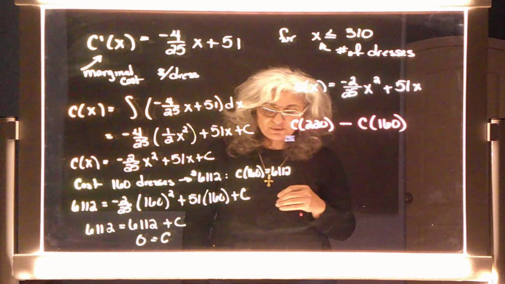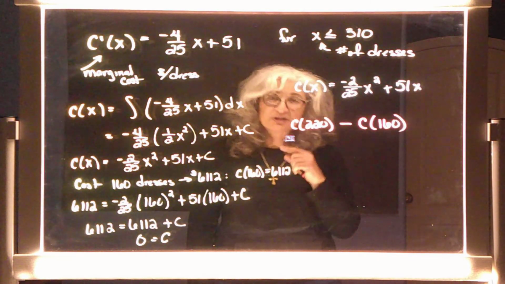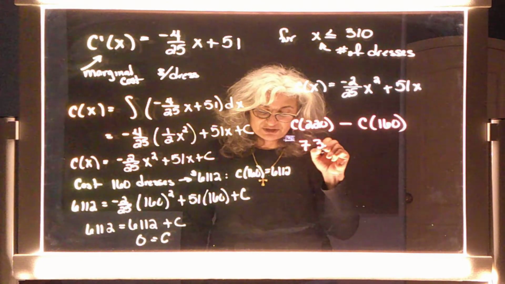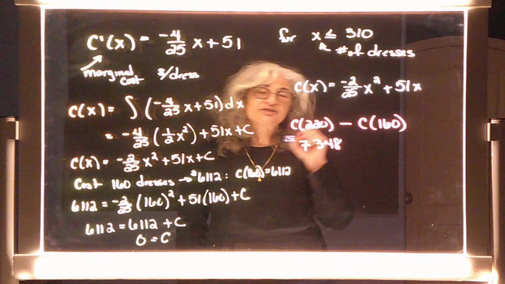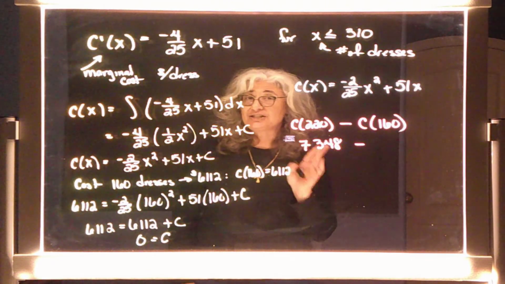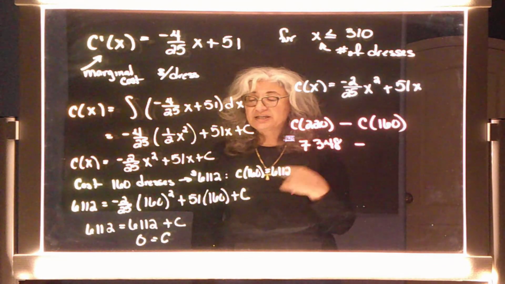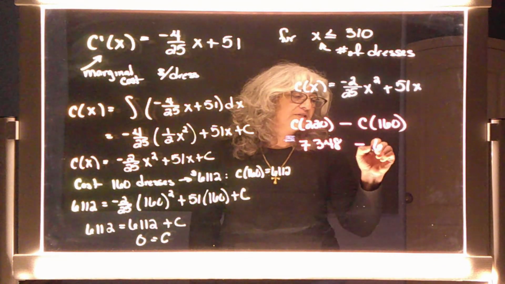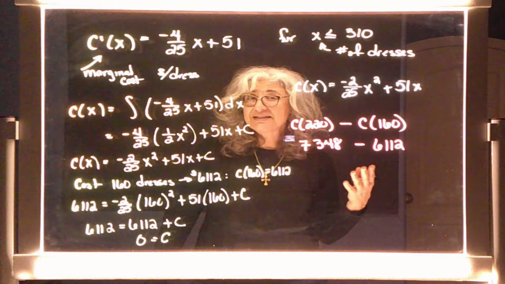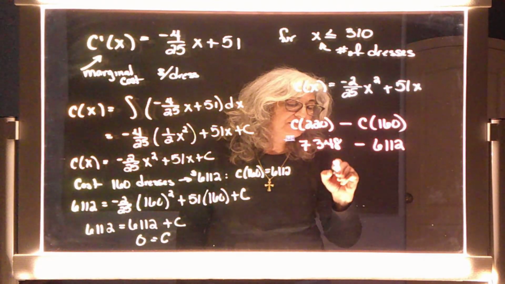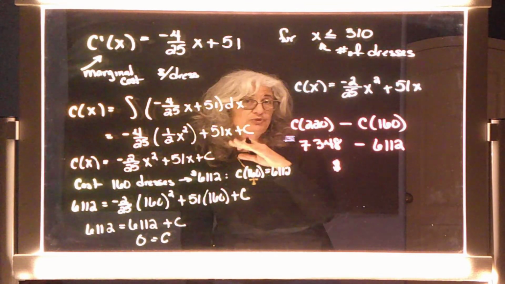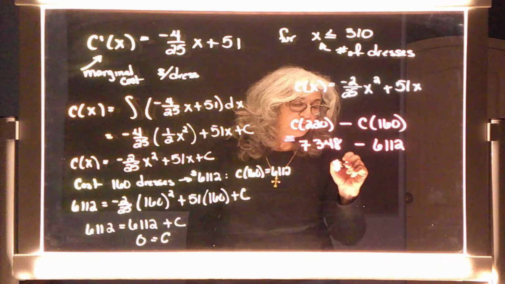So you go do that work. And when you do that work, hopefully we agree, I got $7,348. And I'm subtracting the cost of those 160 dresses, which they already gave me as $6,112.